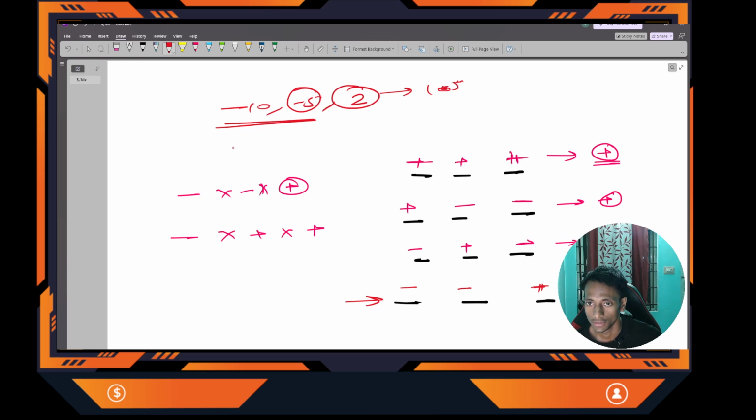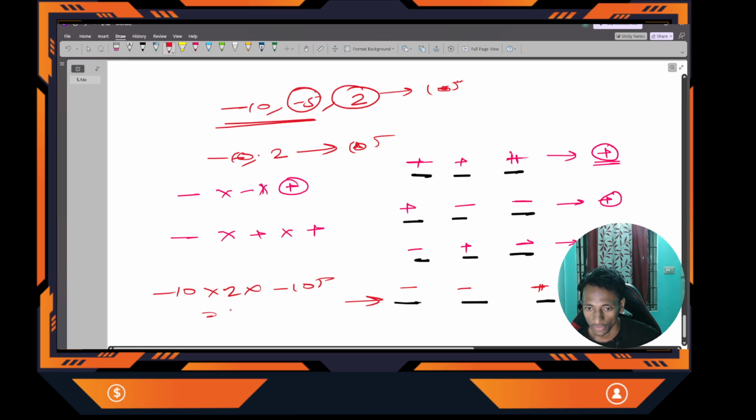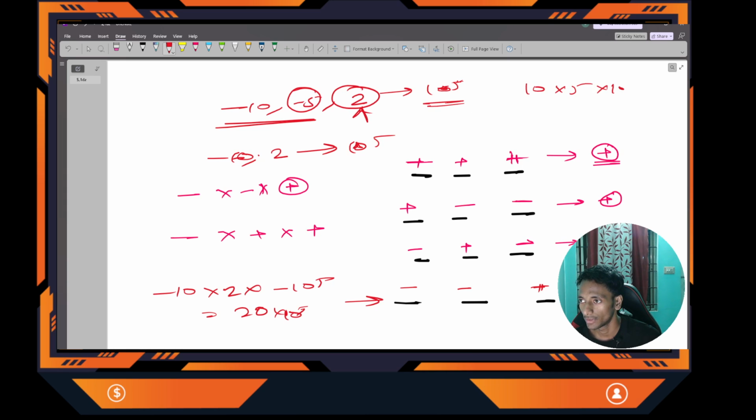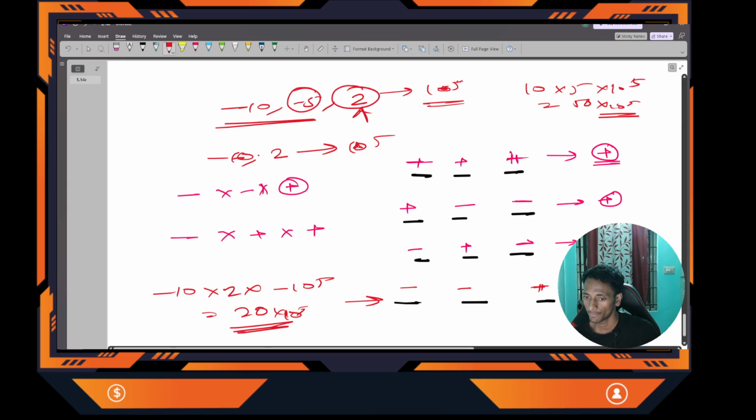Suppose I choose minus 10 and 2, and I change the minus 5 to 10 to the power 5. Then what value will I get? Minus 10 into 2 into minus 10 to the 5. So I will get 20 into 10 to the 5. But if I convert this number to 10 to the 5, I will get 10 into 5 into 10 to the 5. That is 50 into 10 to the 5, which is greater than 2 into 10 to the 5.